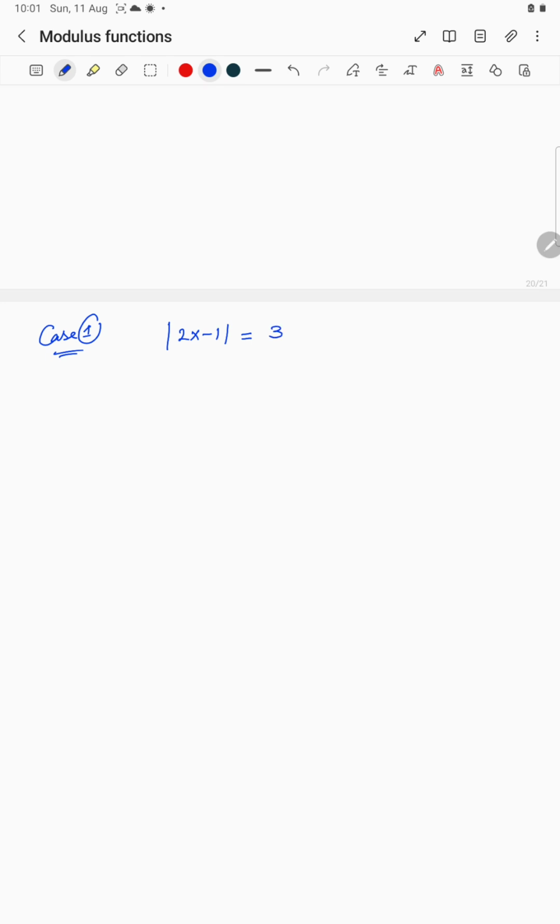This case says that on one side of the equality we have a modulus function equal to some constant. How to proceed? As is clear from the definition, this modulus can be written with plus and minus, so we remove the modulus and write plus minus, equal to 3.